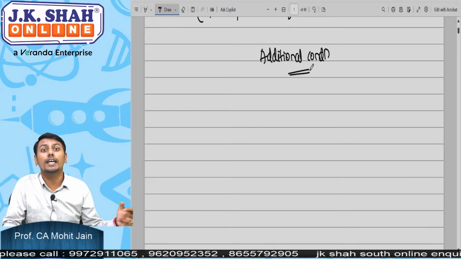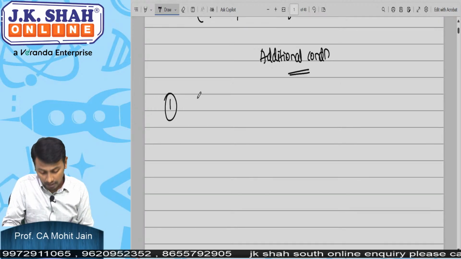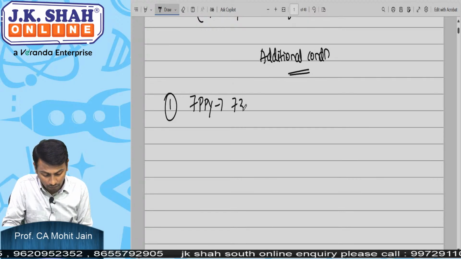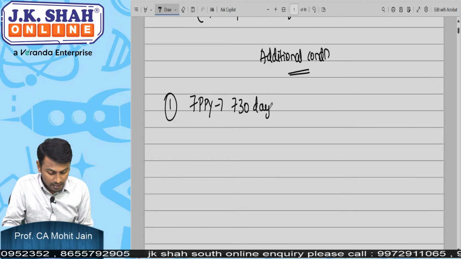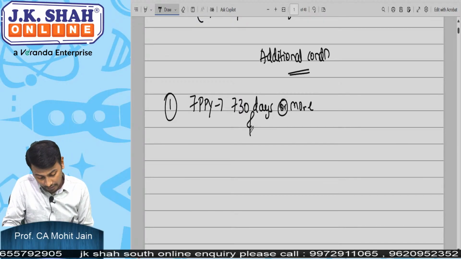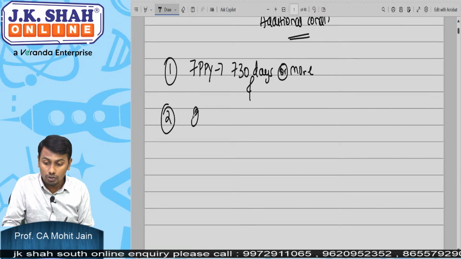So what was additional condition number 1? In the 7 preceding previous years, you have to be in India for how many days? 730 days or more. And what is the second additional condition?